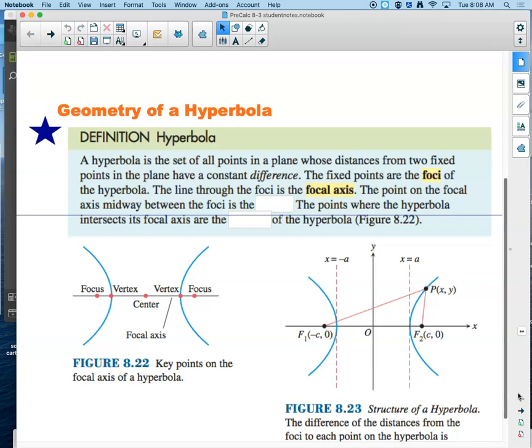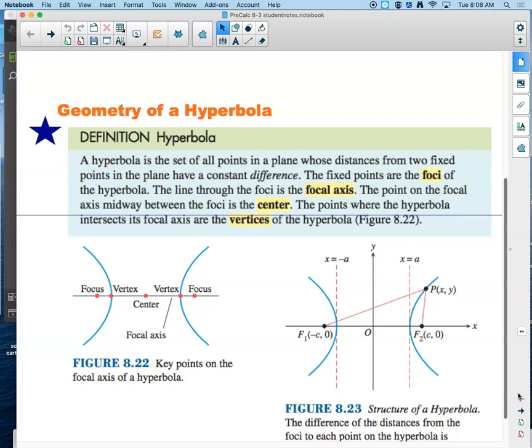It also could be they just decided to do that because it is such a different figure. So the point on the focal axis midway between the foci is called the center. And the points where the hyperbola intersects the focal axis are called the vertices of the hyperbola.